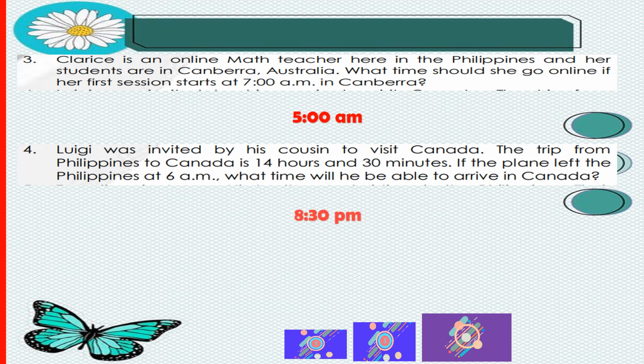Okay, so ang answer is 8:30 p.m. So, ano ang dapat natin gawin? So, 6 a.m., umalis dito sa Pilipinas. So, ang biyahe or ang trip is 14 hours and 30 minutes. So, what we are going to do is we will just add 14 hours and that is 8:30 p.m.